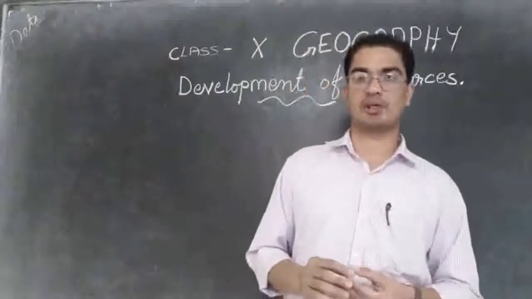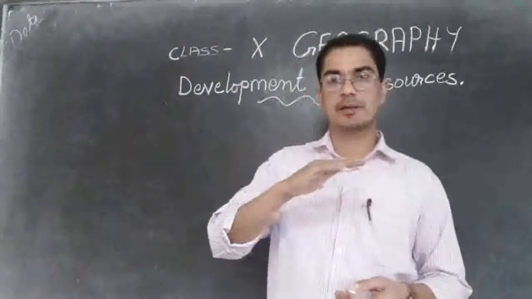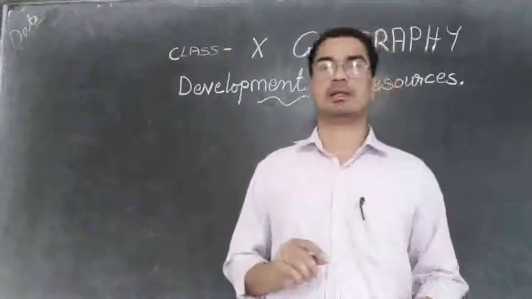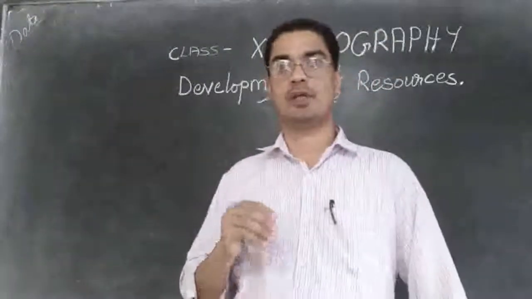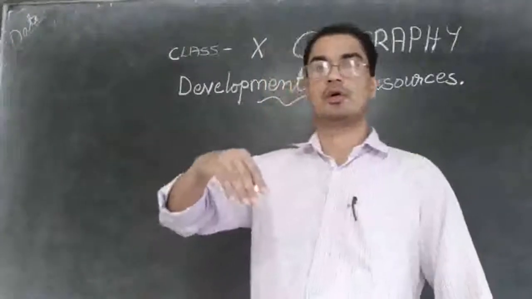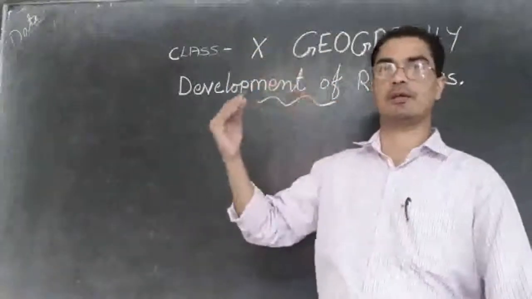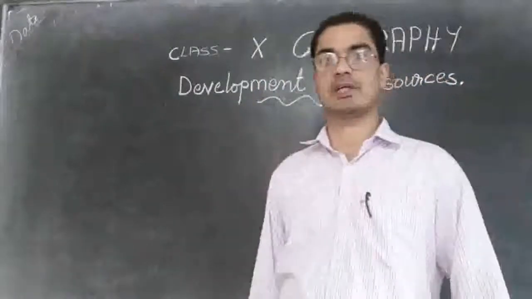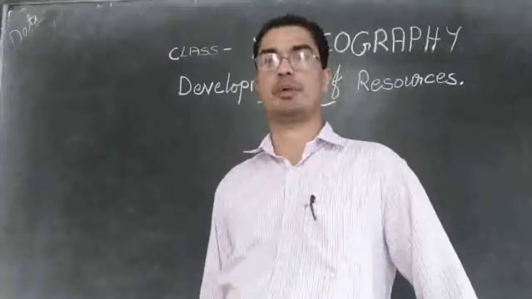That is not sustainable development. Sustainable development means continuous development. That is the target of every nation: we should not stop development, we should continue it, not overusing and spoiling the resources and destroying our future.